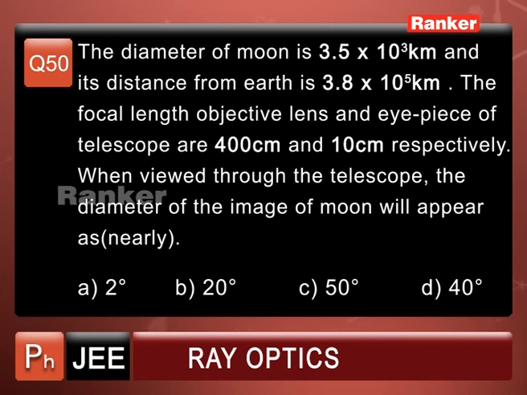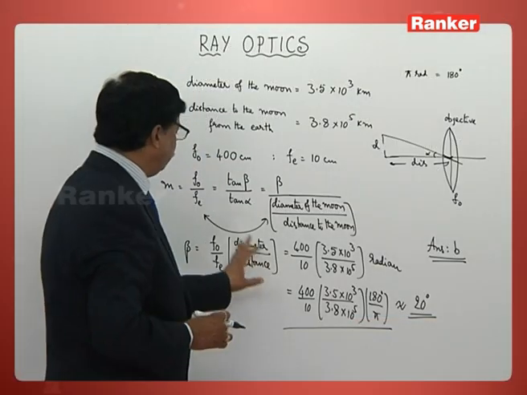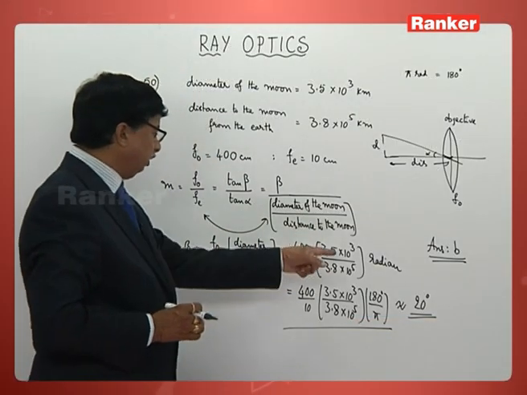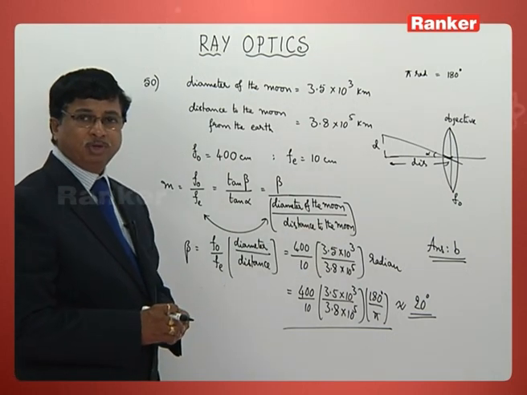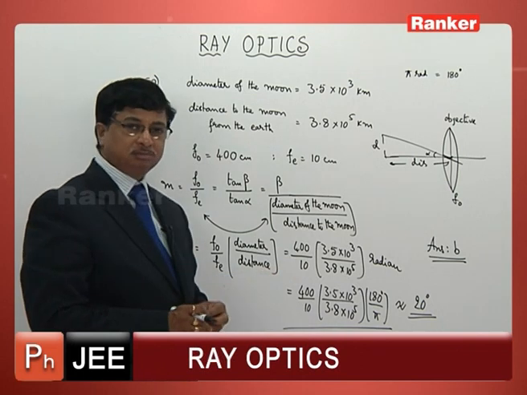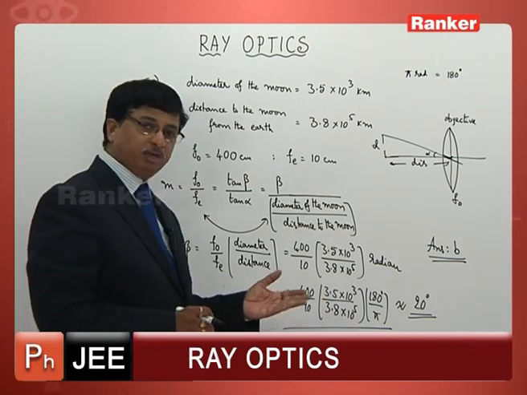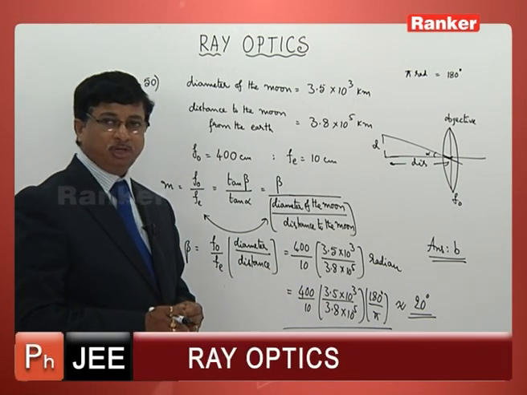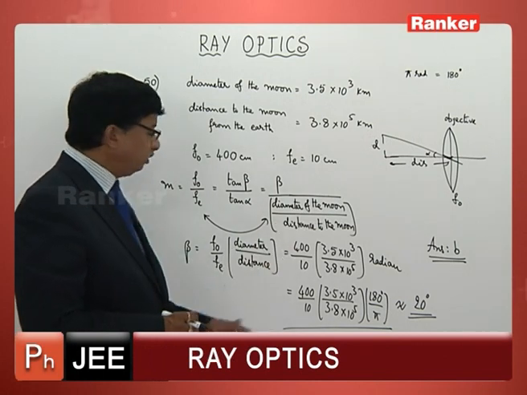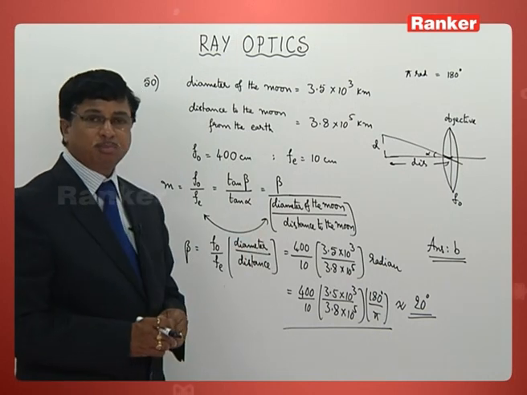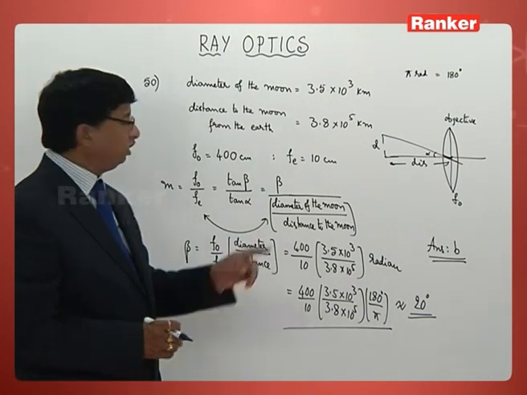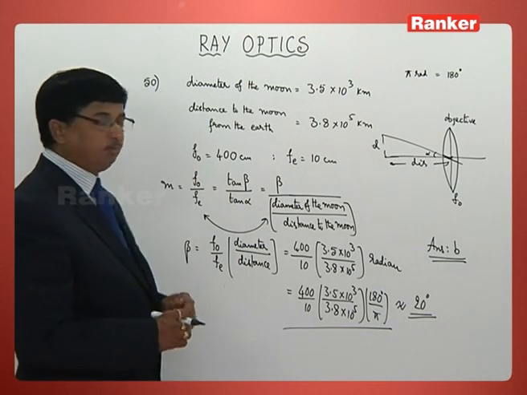So the correct answer is the second option, 20 degrees. The thing to understand is that the calculation gives the SI unit of the angle, which is radian. We convert it into degrees, and then the answer is nearly 20 degrees.